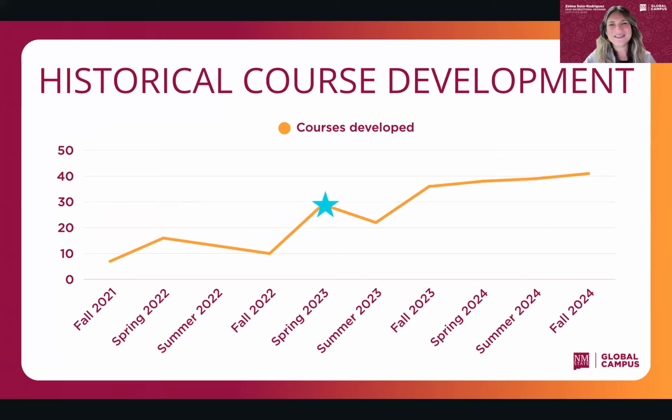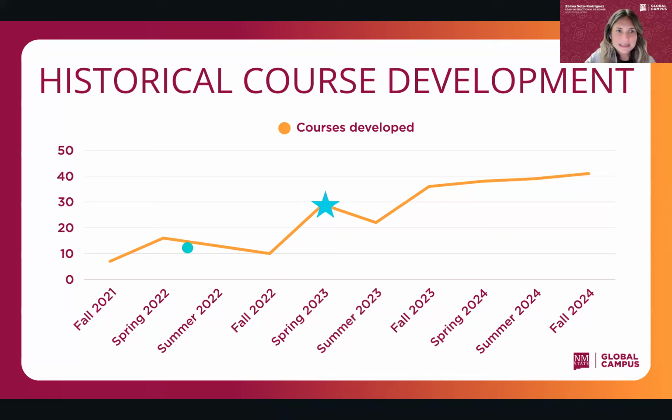So this graphic shows our historical course development from fall 2021 to fall 2024. And as you can see, our story has a happy ending. We have been successful. And my intention today is to share what we did to improve our course design and development process.